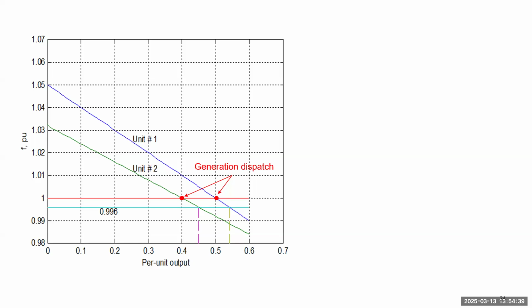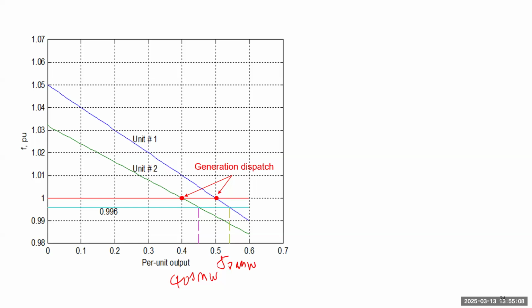Those 2 points will be the original generation. Because here the base value is 1,000, 0.44 times 1,000 will be 400. So there's 400 megawatt and 500 megawatt, right?